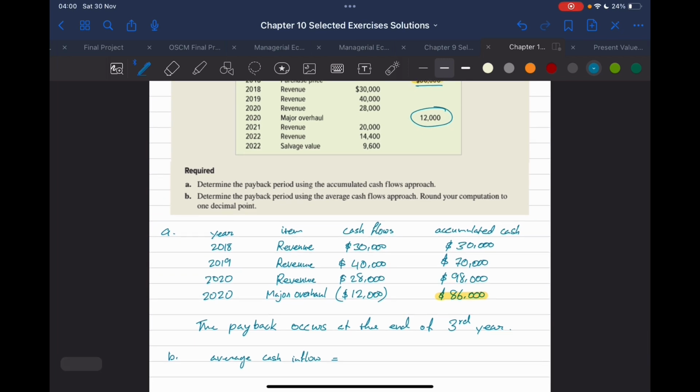Right, so it's going to be equal to $30,000 plus $40,000 plus $28,000, minus $12,000, which is the cost of the major overhaul, and then plus another $20,000.